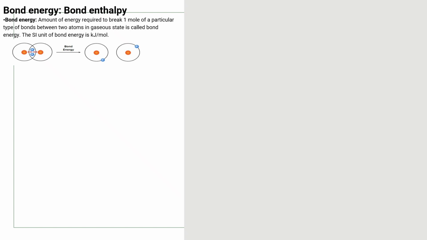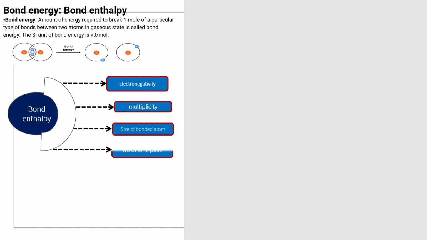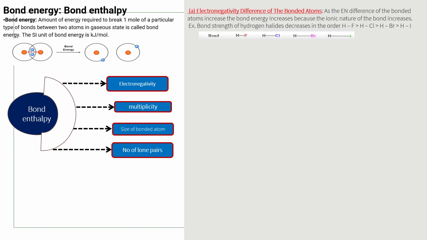There are some factors which affect this bond energy: electronegativity difference of bonded atoms, multiplicity, size of bonded atom and number of lone pairs of bonded atom. See, the first one is electronegativity difference between bonded atoms. In halogens, from fluorine to iodine, the electronegativity decreases from top to bottom.